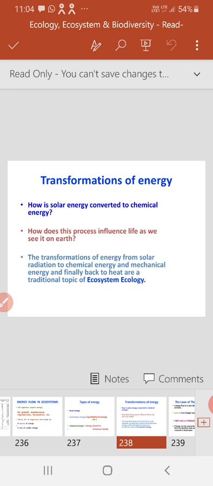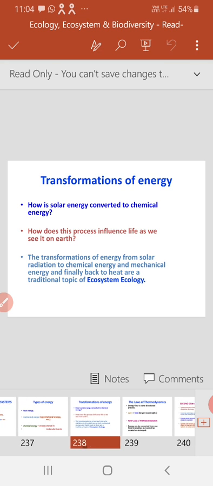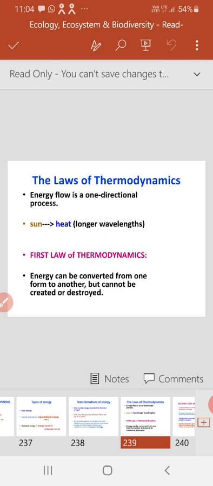Transformation of energy is how solar energy is converted to chemical energy. It is actually the physiological, biochemical process of photosynthesis which is responsible for this transformation. The transformation of energy from solar radiation to chemical energy and mechanical energy, and finally back to heat, are traditional topics of ecosystem ecology.